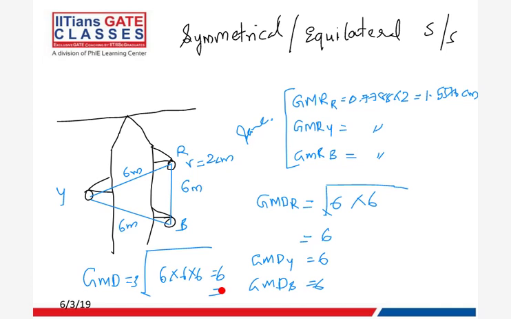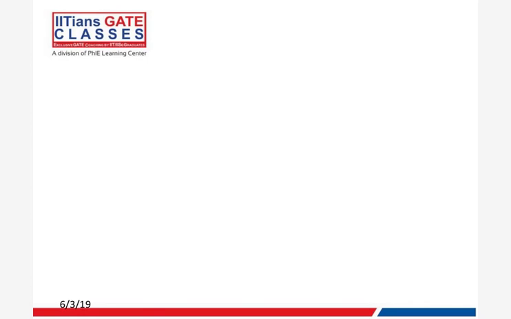This whole setup worked out and is numerically correct because it is a symmetrical system, but this is not actually practical. This is a textbook representation. In practice, there will be R, Y, and B, right? This will be a huge tower, and there will be 3 wires hanging, right?